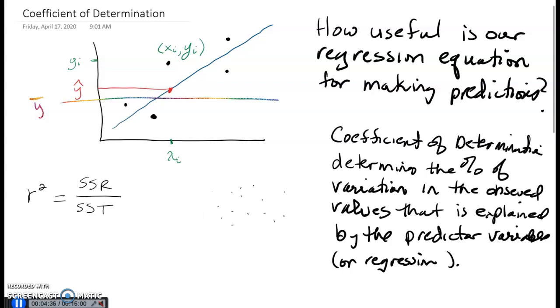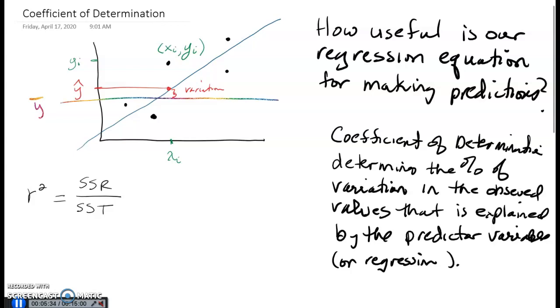Now, if we look at the difference between y hat and y bar, the average, that is the variation in the observed values of the response variable that is actually explained by the regression equation.